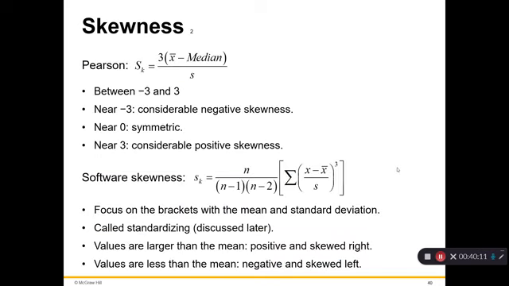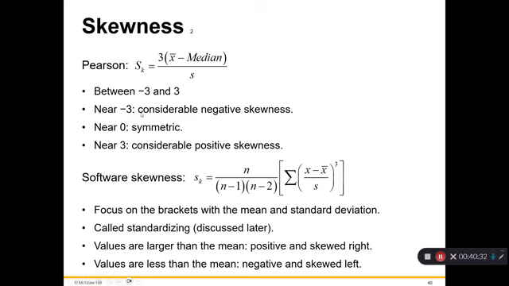There are techniques called Pearson and software skewness. In Pearson, you have the formula like this: Sk equals 3 times (mean minus median) divided by S, and it is between minus 3 and 3 typically.